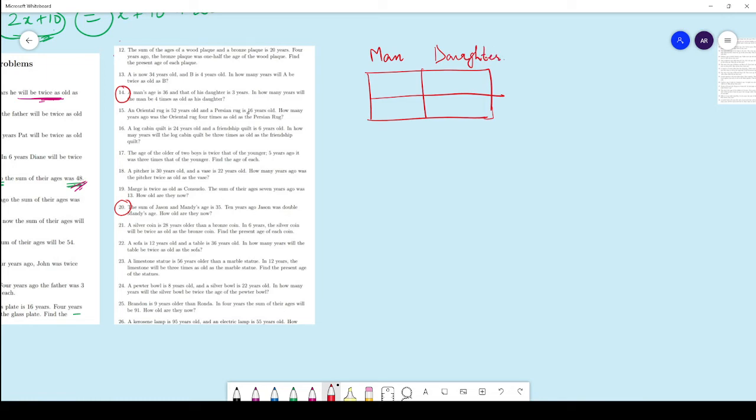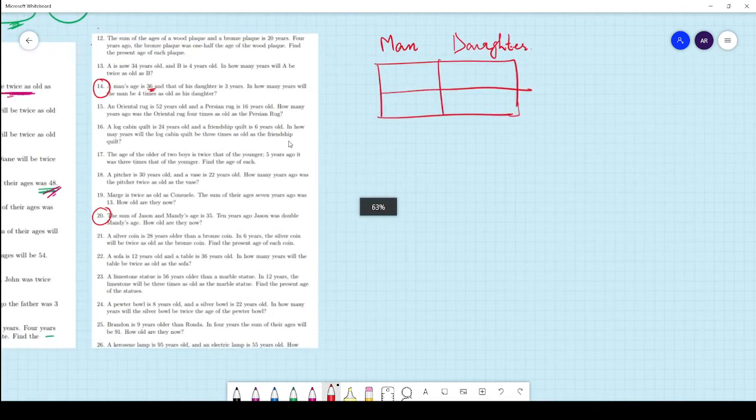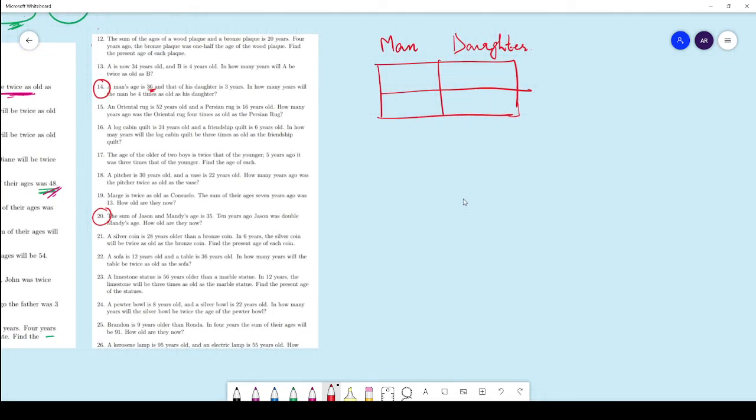Let me just zoom it a bit so that you can see it clearly. So the man's age is 36 years old and that of his daughter is 3 years, right? So in how many years will the man be 4 times as old as his daughter?